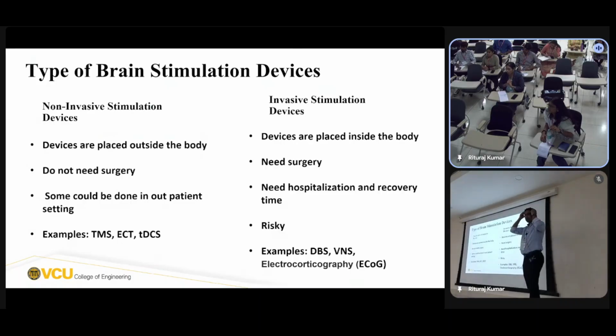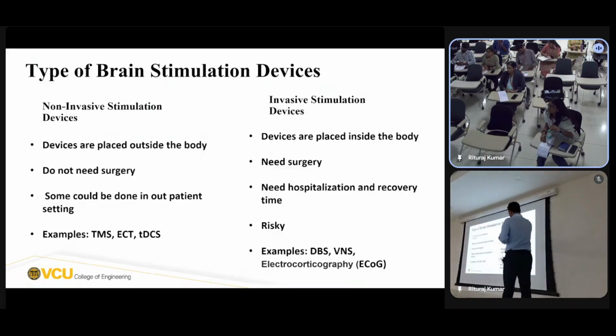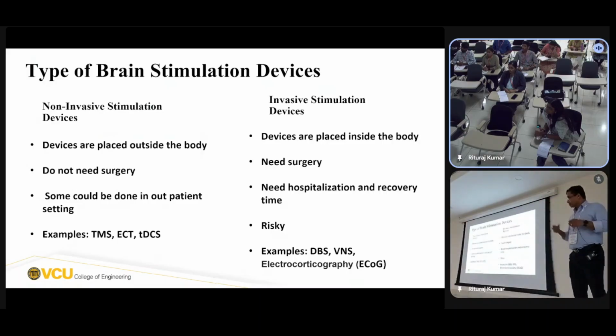Invasive ones need to be put below the skull surgically. So they have risk associated with them. You need hospitalization. You do it only when there is clear understanding that this works, this treats this disease. And with non-invasive ones you have some freedom to test it, because all you can do is send some signal. If it's not working for a few minutes, take it out.